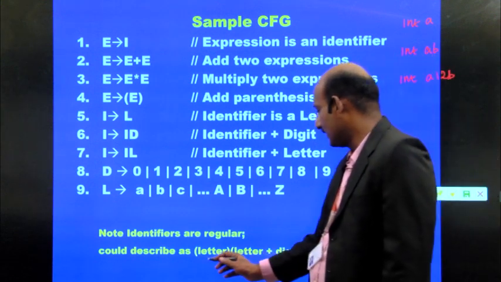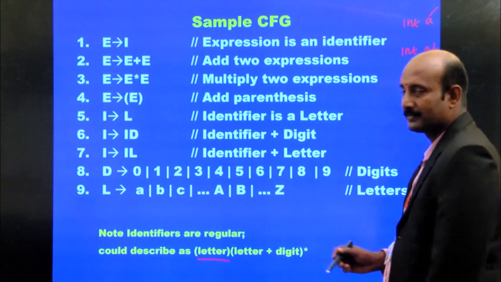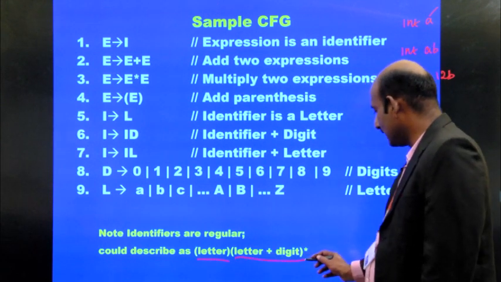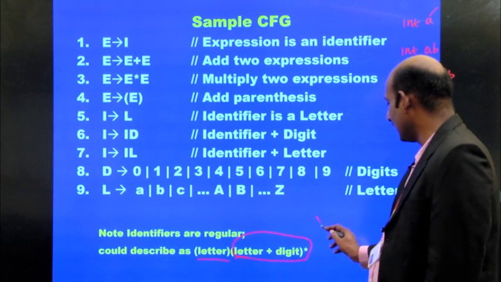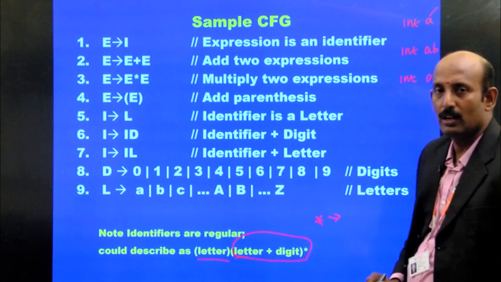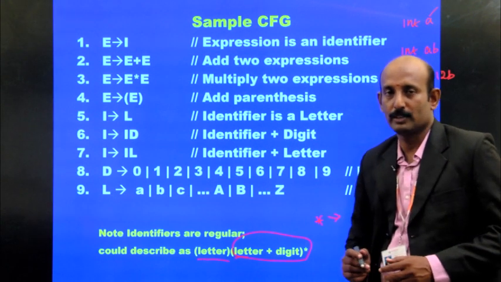So we have this letter. First is a letter, we may write. Then what is given? Letter plus digit whole power star. So already you know that the star indicates it may become 0 or more occurrences. That is the Kleene closure property.